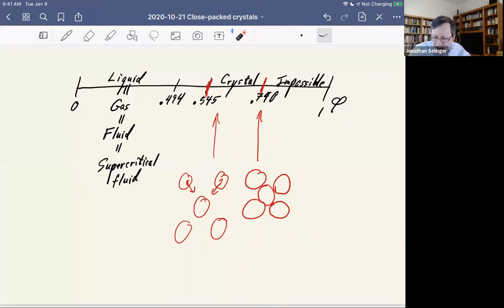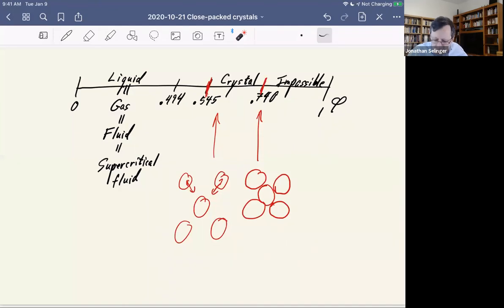Anywhere beyond that, you would need to have the spheres overlapping each other. And I already made the assumption that it would take an infinite amount of energy for the spheres to overlap each other. So that will never happen. So it's impossible out here.